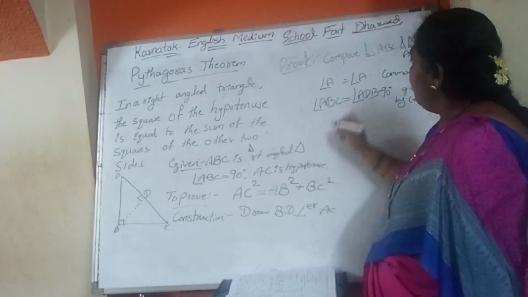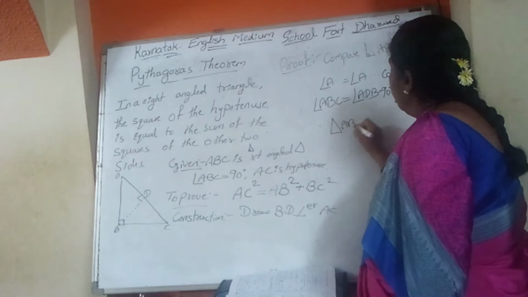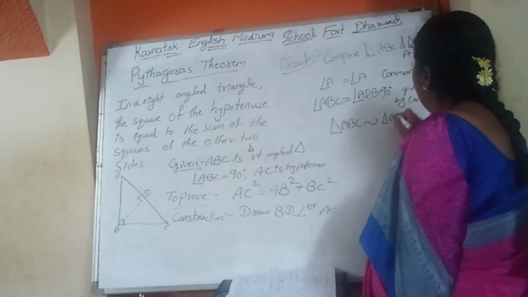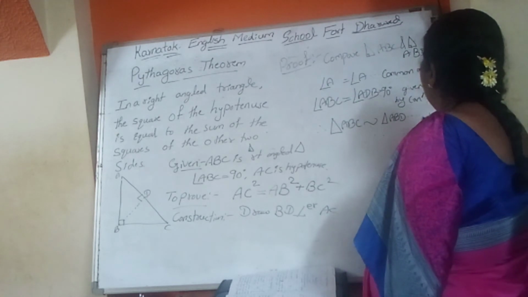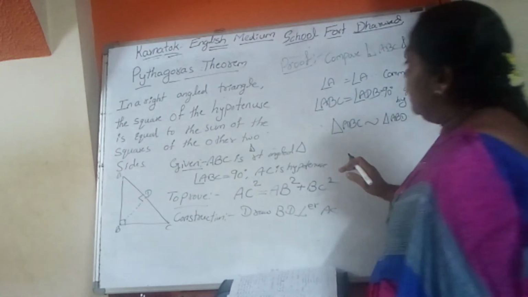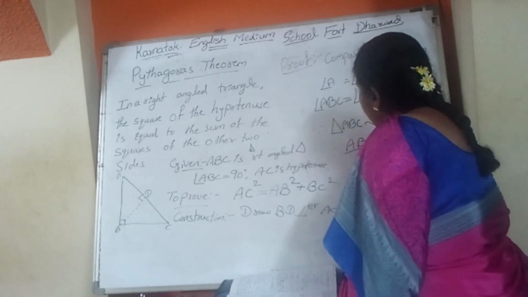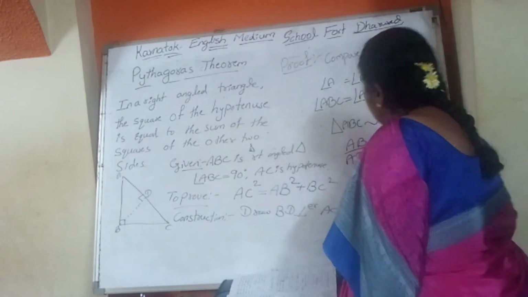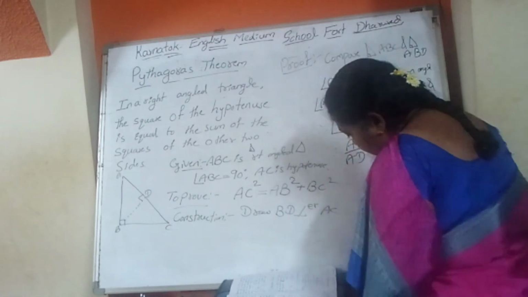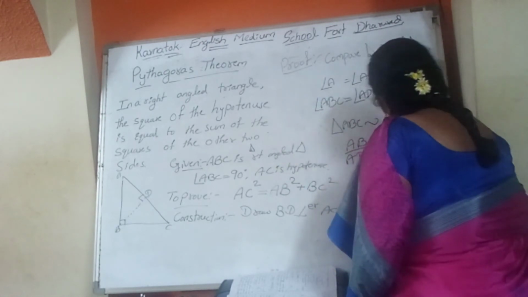So, therefore, triangle ABC is similar to triangle ABD by AA criteria. Therefore, AB upon AD equals AC upon AB.